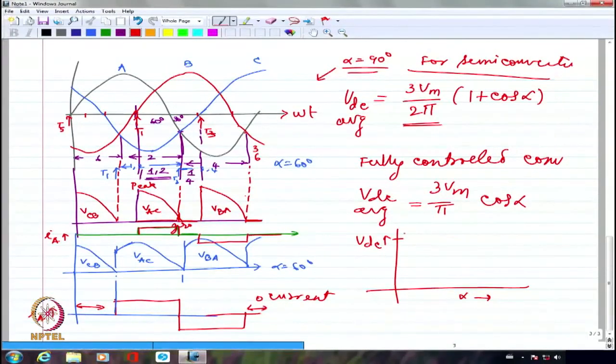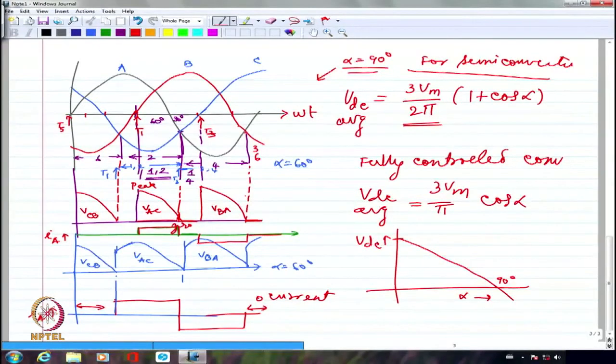But as I see the fully controlled converter, I am going to see that it probably goes like this and then it goes into the negative direction. What do you mean by negative direction? We are yet to discuss, which we are slowly migrating to. Okay? So, the voltage will go into negative direction if I go for, this is alpha equal to 90 degrees, if I say.